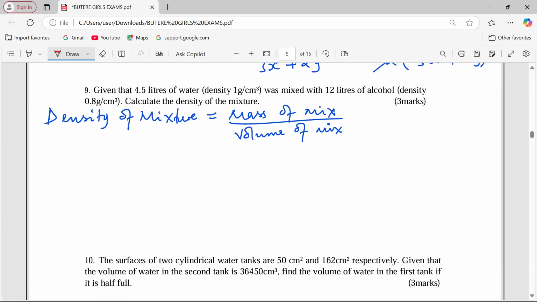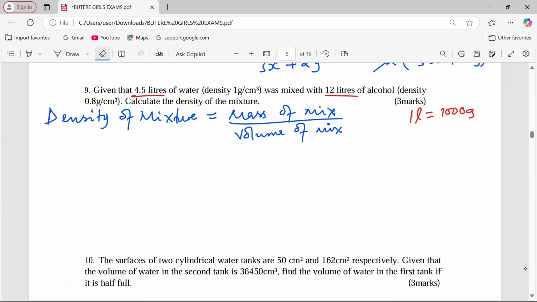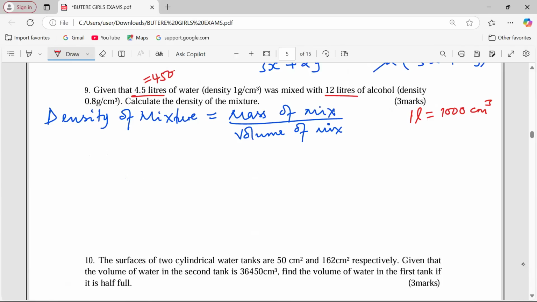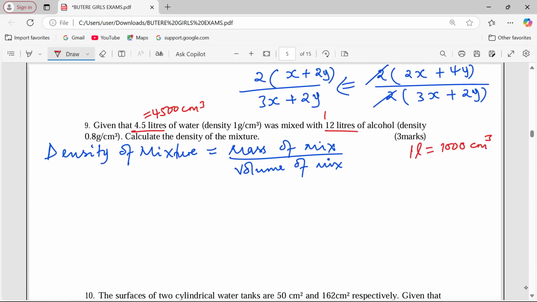It's again good to know that we are given capacities. So we convert capacities to volumes. We know that 1 liter equals 1,000 cubic centimeters. So this one is going to be 4,500 cubic centimeters of water being mixed with 12,000 cubic centimeters of alcohol.